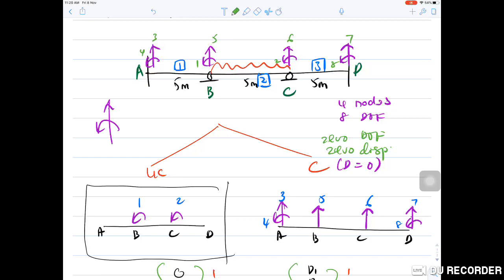So if this occurs in the constrained system. In the unconstrained system, it is called non-zero degree of freedom or non-zero displacement.